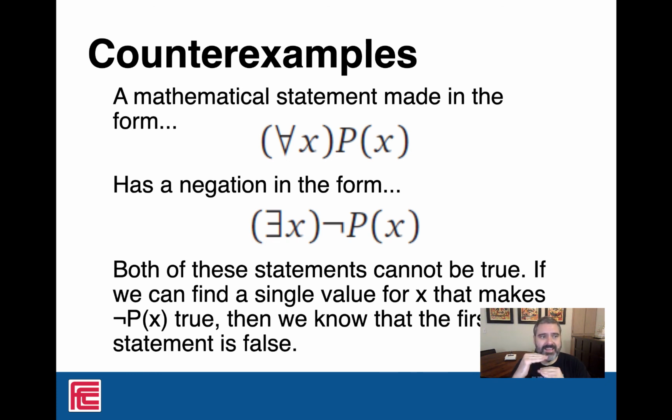These two statements cannot both be true. If I say all odd numbers give me the Ghiblies, and then you find an odd number that does not give me the Ghiblies, whatever that means, then if the negation is true, the opposite cannot be true. We would call that a counterexample. That number that you gave me that is in that form, can't do it.